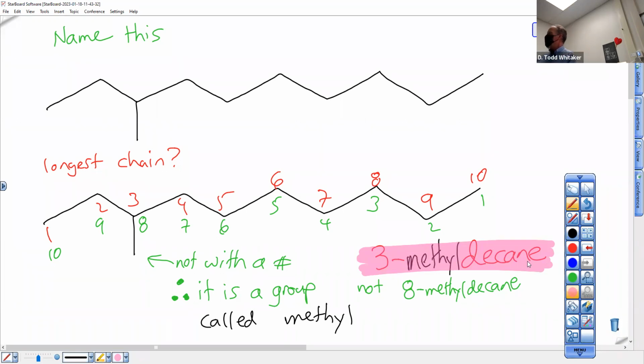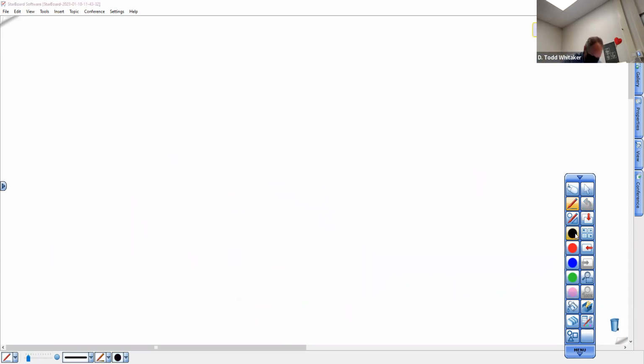Yeah, he was asking if the methyl was over here, which is the same molecule, because it's third from the end, and the green numbers would be the right numbers. If the methyl was here instead, it would still be the same name, 3-methyldecane, but that would be a 3. All right. So let's do another one.